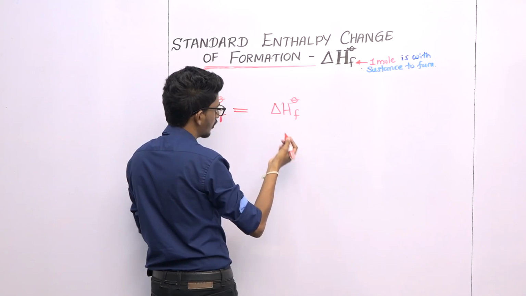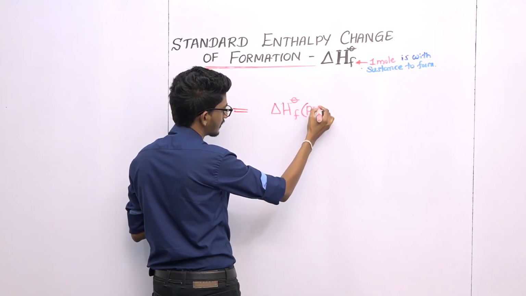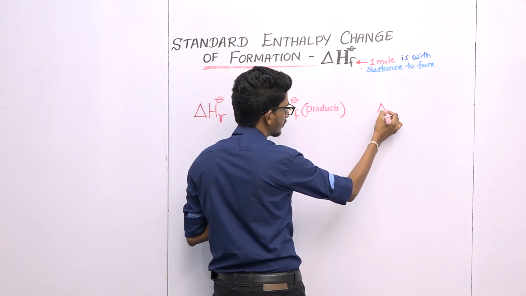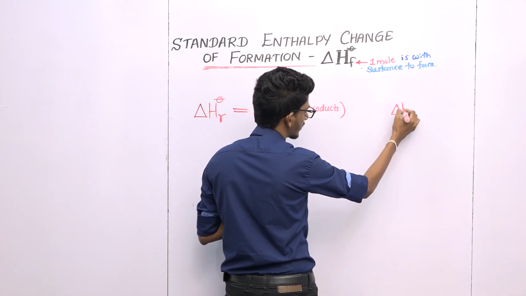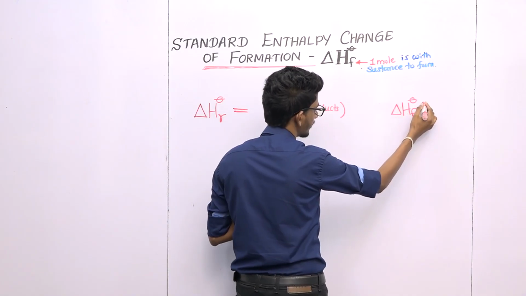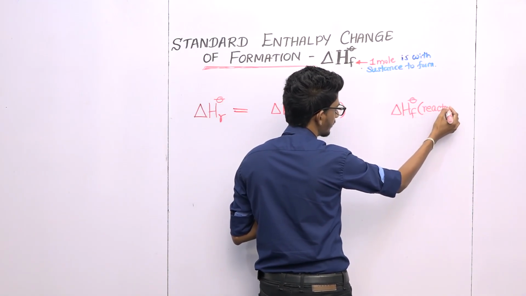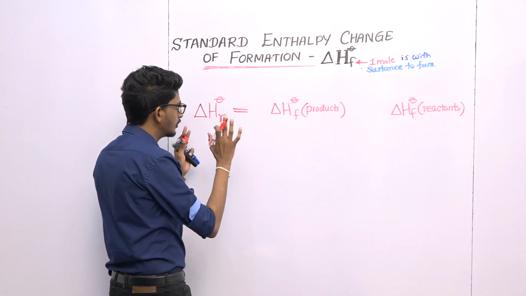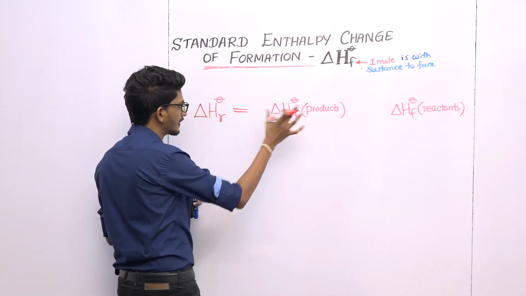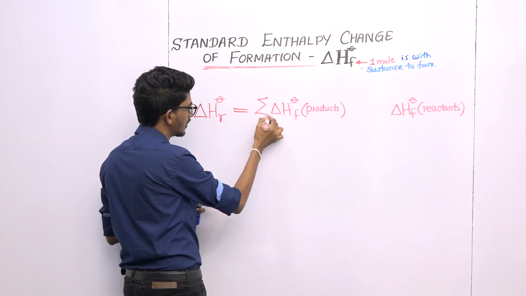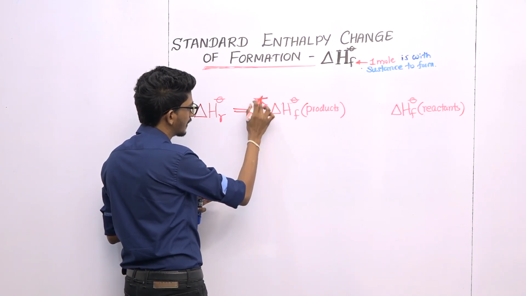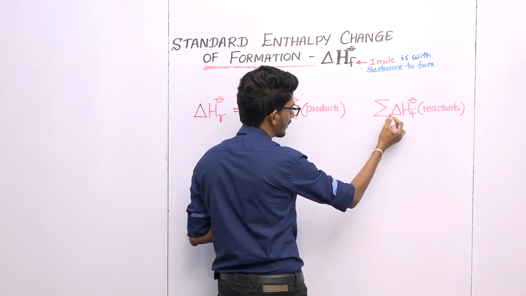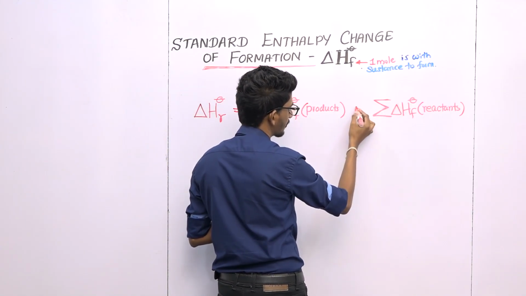We use this equation where you take the summation of the enthalpy changes of formation of products and of the reactants, and you have to subtract them.